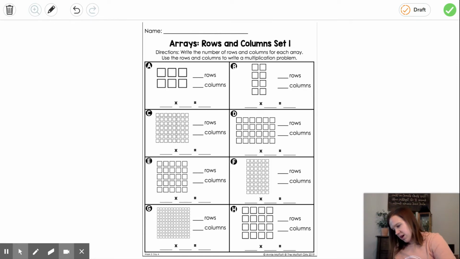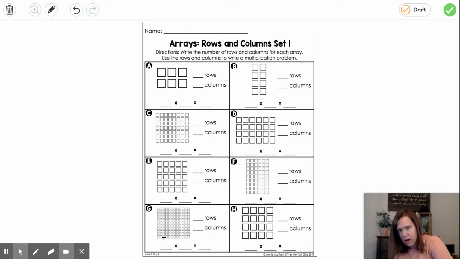All right. So now I'm going to go to G. Oh my goodness, those squares are so small. That means the number's going to be so big. Here we go. I better count rows first. 1, 2, 3, 4, 5, 6, 7, 8, 9, 10, 11.